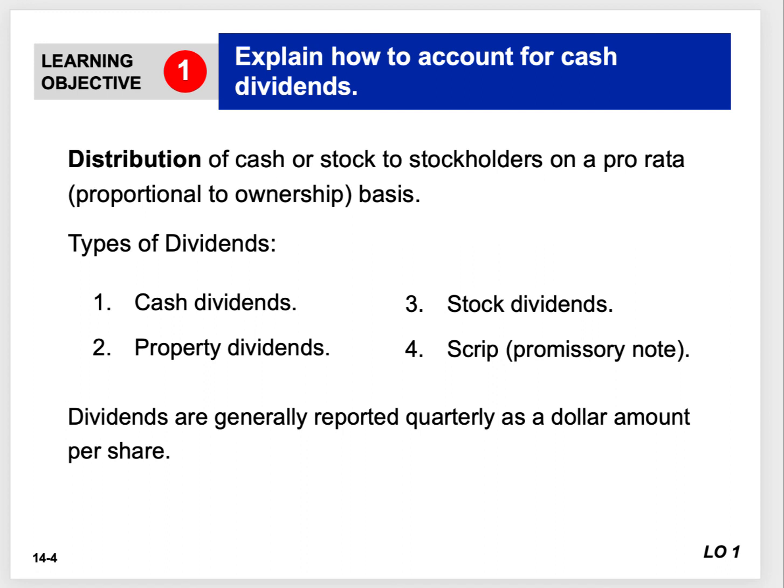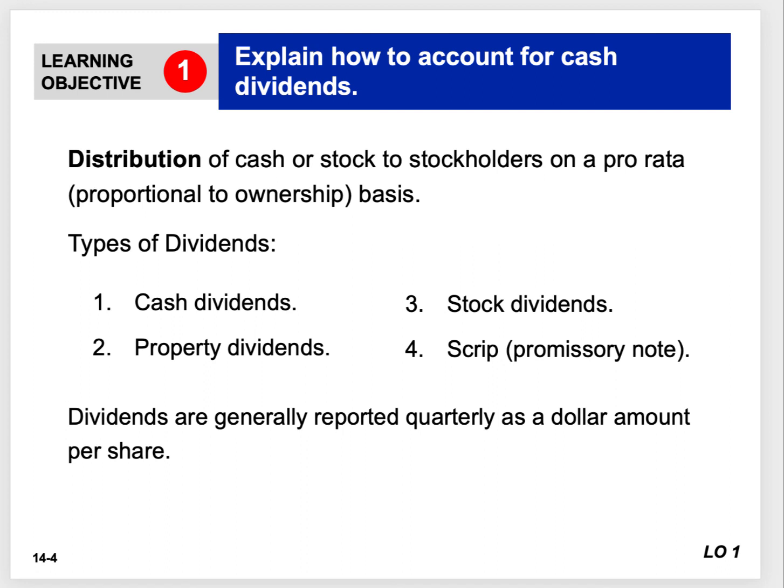Pro rata means the dividend is based on the proportion of ownership in the company. Okay? And we'll get into a little later how we calculate that. But the most important thing that you understand here is what exactly is a dividend? Well, the corporation is distributing either cash or more stock to their shareholders.